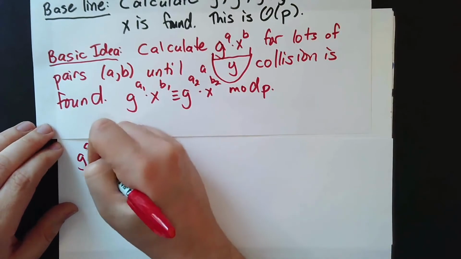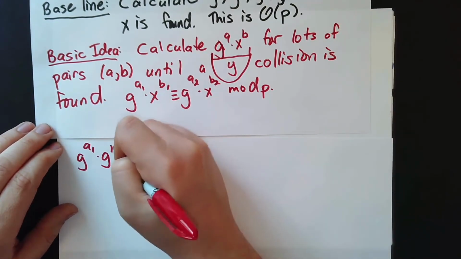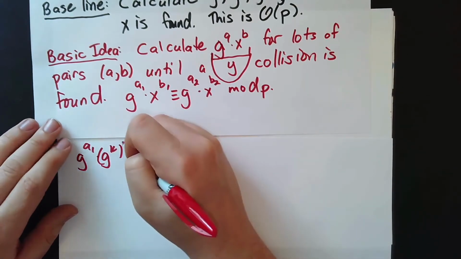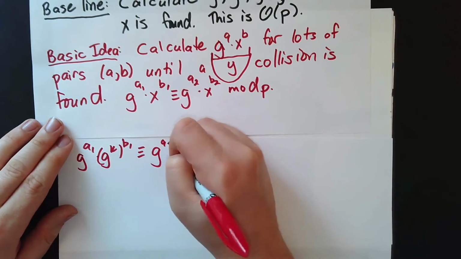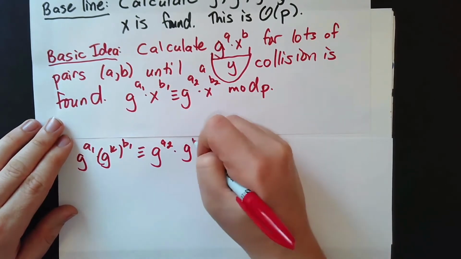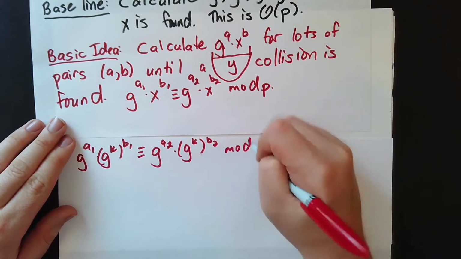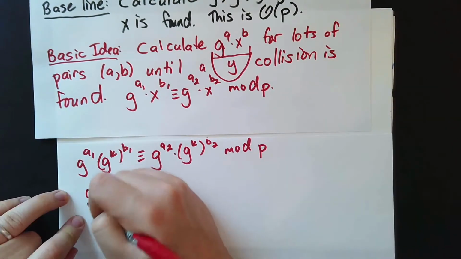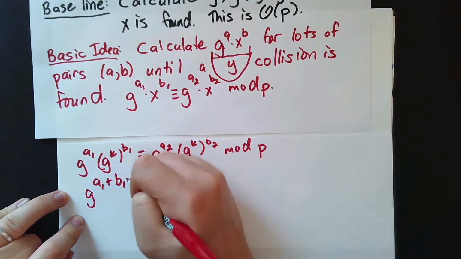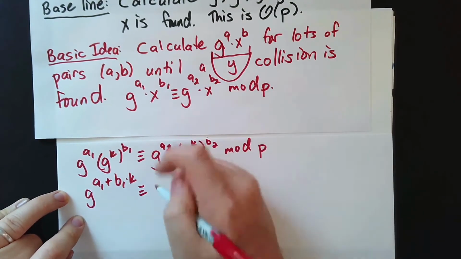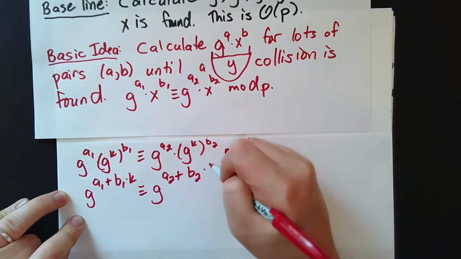This equation becomes g to the a1 times g to the k to the b1 is equal to g to the a2 times g to the k to the b2 mod p. Doing a little bit with exponents, this gets us g to the a1 plus b1 times k is congruent to g to the a2 plus b2 times k.